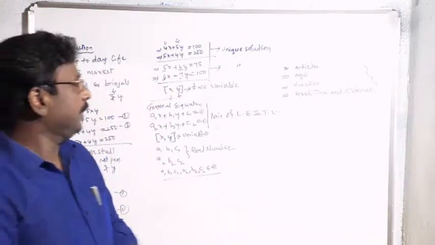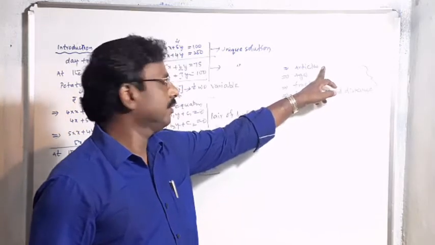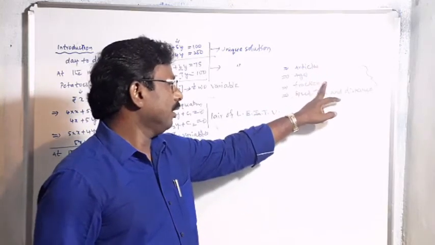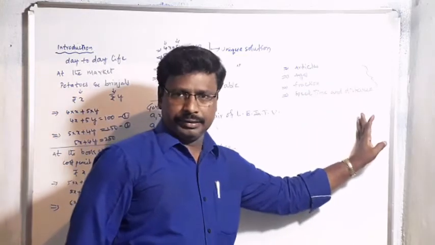Some mathematicians generated some problems on articles, on ages, on fractions, speed, time and distances.